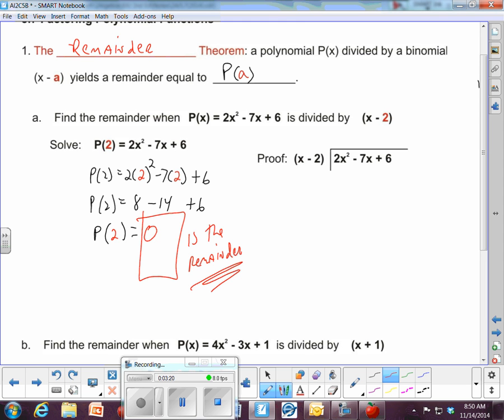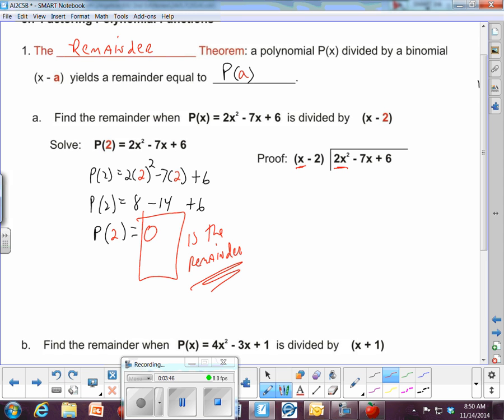So to prove that, we need to do long division. You're not going to do long division in this step down the road. We're going to use this concept to save us from doing this long division. I'm just doing the long division to show you that the remainder is in fact 0. Okay? So long division, hopefully remember how to do it.